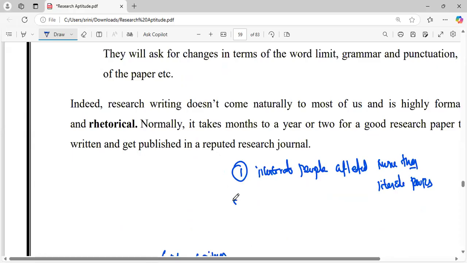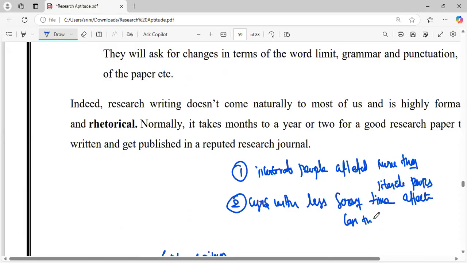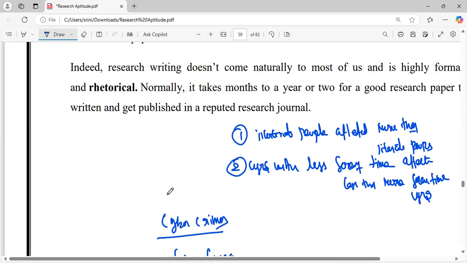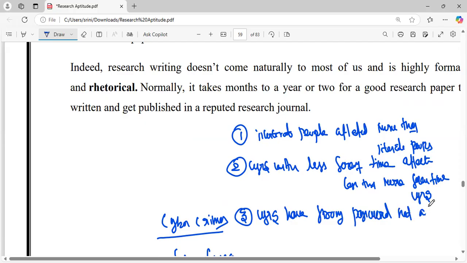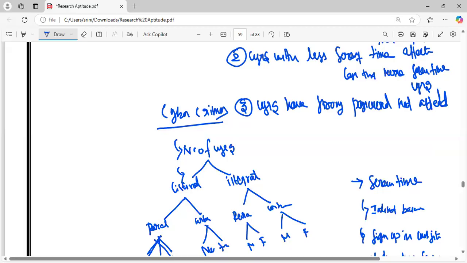Again, users with less screen time are affected less than more screen time users. Again, users who have a strong password are not affected. My statement may or may not be true.